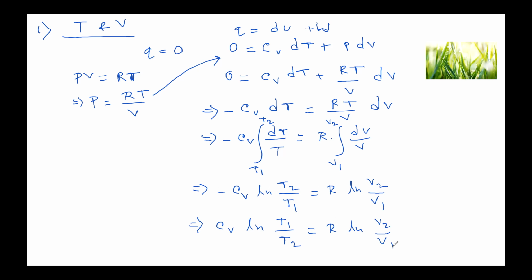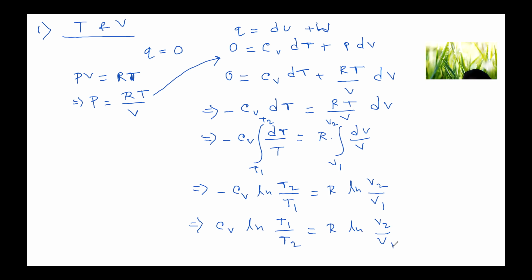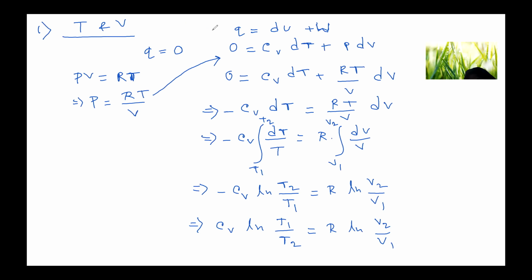Let me go to the next page. So where was I? Cv ln T1 by T2 equals R ln V2 by V1. Let me write this again.